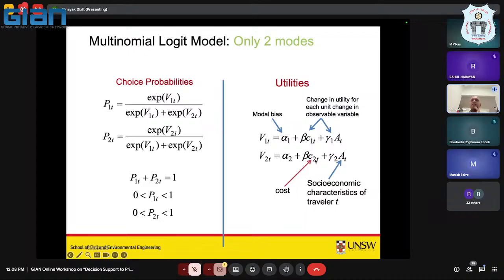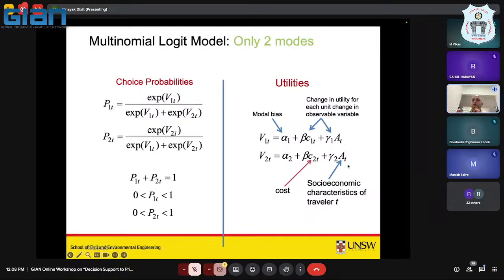C is basically the cost or the service aspects. Mode 1 will have a certain cost structure and service structure, and mode 2 would have a different cost structure and service characteristic. So that's C1t.